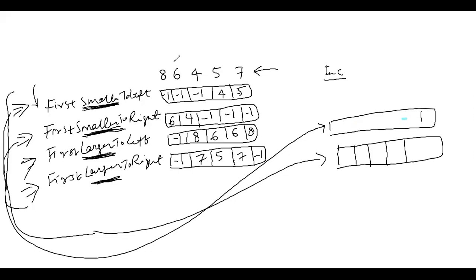Let me erase this. Eight, 6, 4, 5, 7. By default, if I'm not filling, let's think this is -1, because otherwise the drawing will not look good.